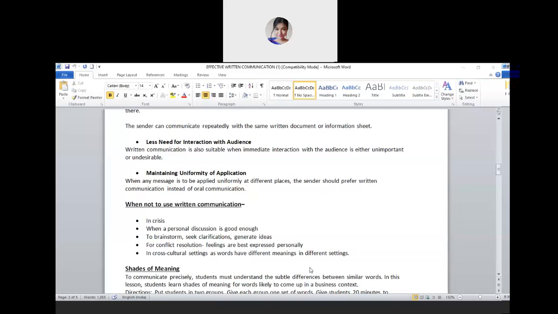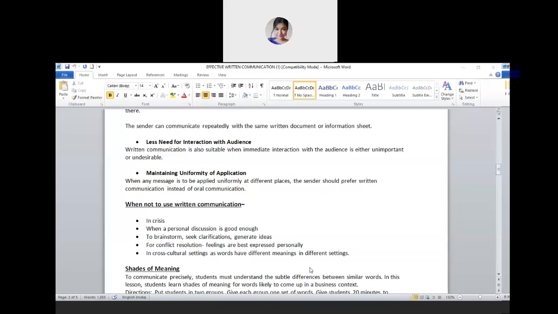The next point is cross cultural settings, as words have different meanings in different settings. That means when I am from a different culture and you are from a different culture and we are communicating with one another, sometimes written communication might work, sometimes it might not. Why might it not work?